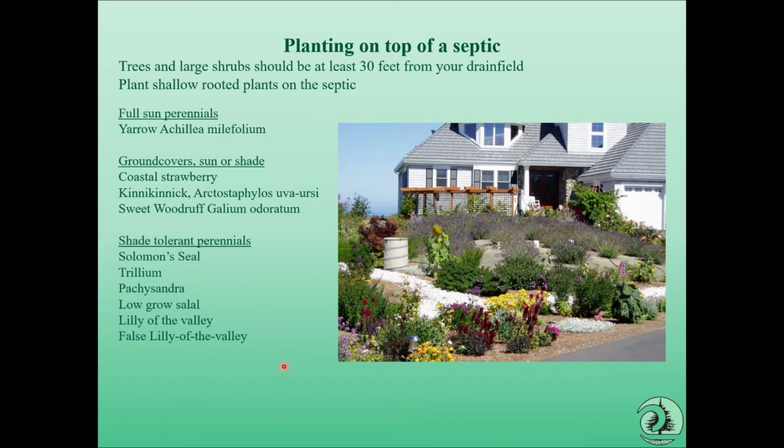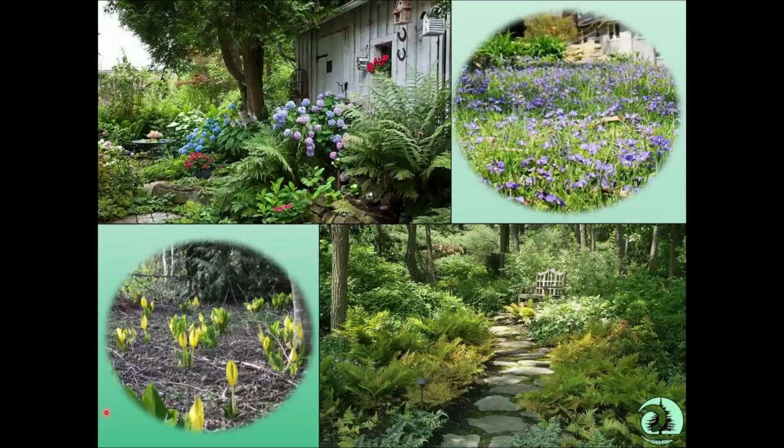And here's just a list of some of the plants that are shallow rooted and would go great on top of a septic. And I just want to encourage, if you're not going 100% native, you can integrate it in. There's lots of opportunities.